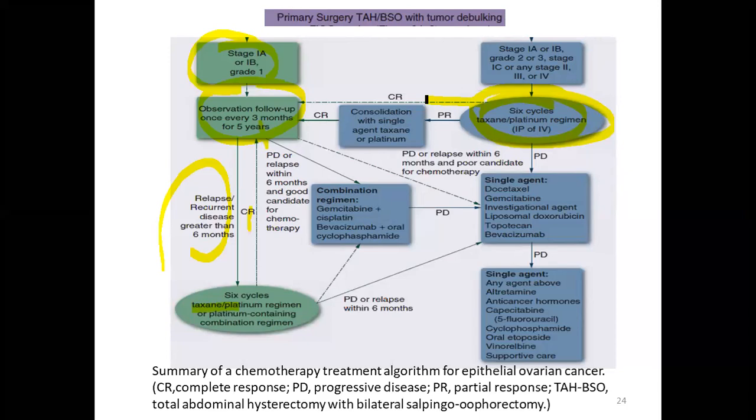However, if after complete response the patient has a relapse at greater than 6 months, that is when we say the patient is platinum sensitive. You have given platinum analogs and the tumor recurs after 6 months. That is when we say the patient is still sensitive to platinum, so we can consider it again.